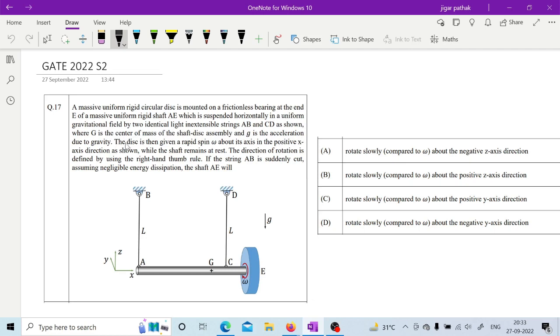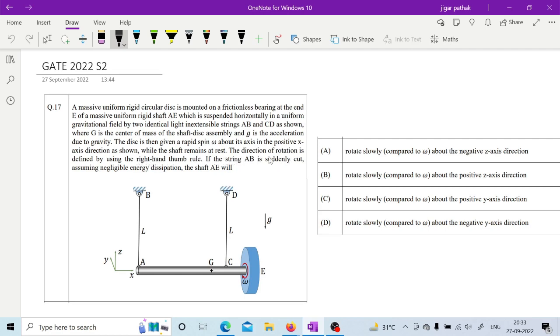G is the center of mass of the shaft disc assembly and g is the acceleration due to gravity. Now the disc is given a rapid spin omega about its axis in the positive x-axis direction as shown, while the shaft remains at rest.